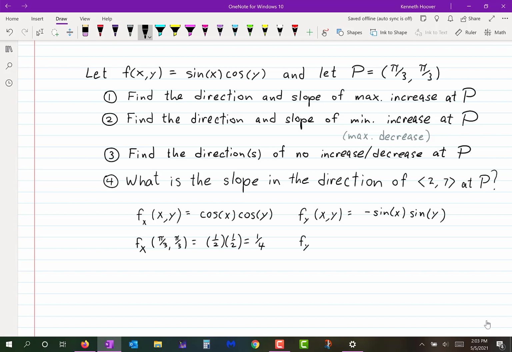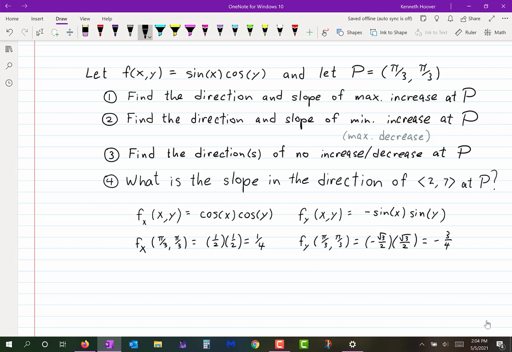For the partial with respect to y, at that location, we have negative root 3 over 2 times positive root 3 over 2, which is negative 3/4.